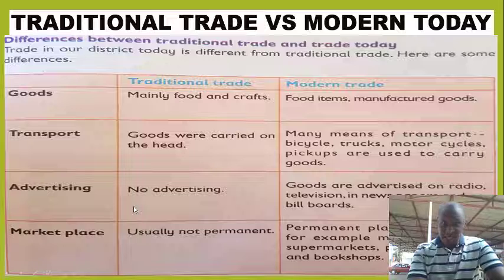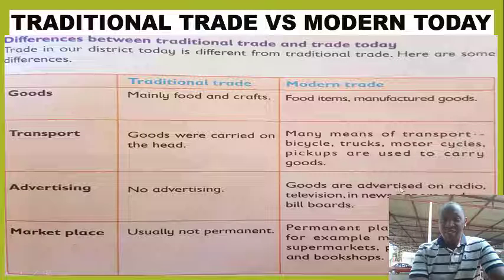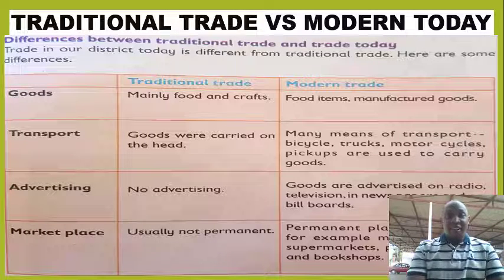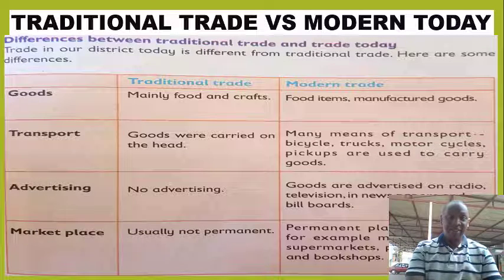There was no advertising. You just had to become famous because of the good work you were doing around the area, the community. That was enough advertisement. However, today advertisements are done on radio, on TV, and currently some people also use newspapers and billboards.